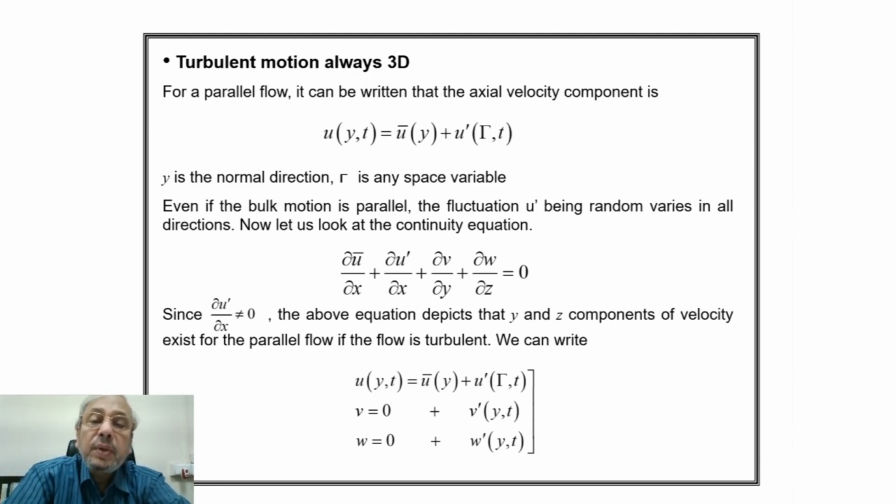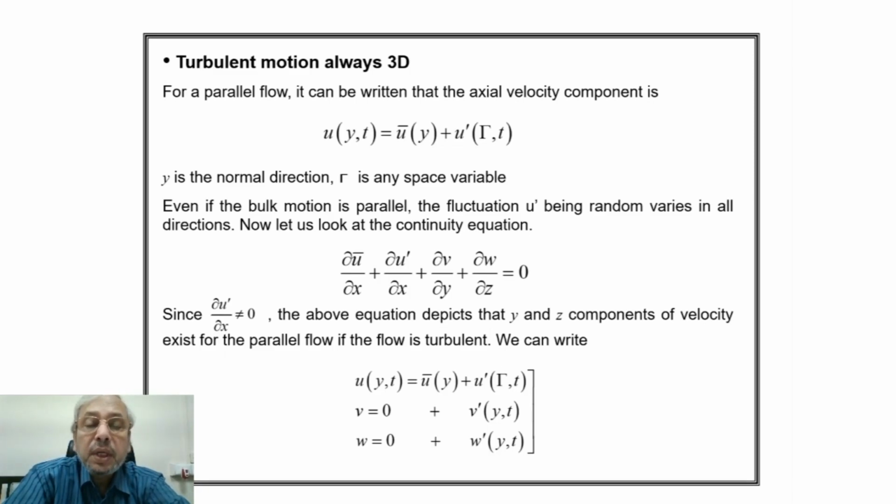Therefore for turbulent flow we can say it is a mean flow plus fluctuation. So y is the normal direction and capital gamma is a space variable. Even if the bulk motion is parallel, the fluctuation u prime, being random, varies in all directions.